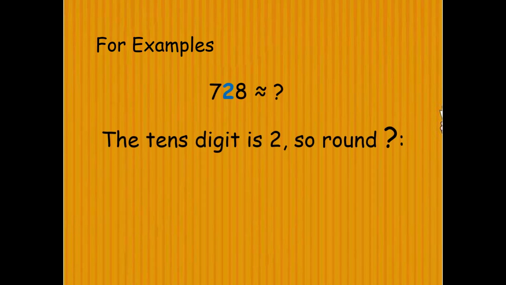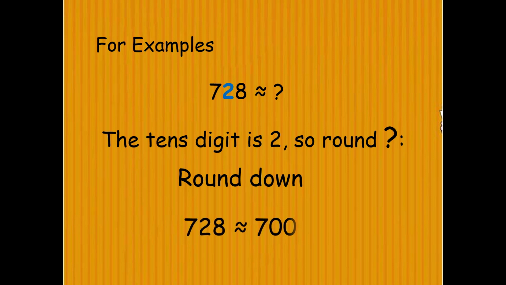For example, first example, 728. The tens digit is 2. So, digit 2 belongs to round up or round down? Round down. So, the answer is 728 is approximately equal to 700.